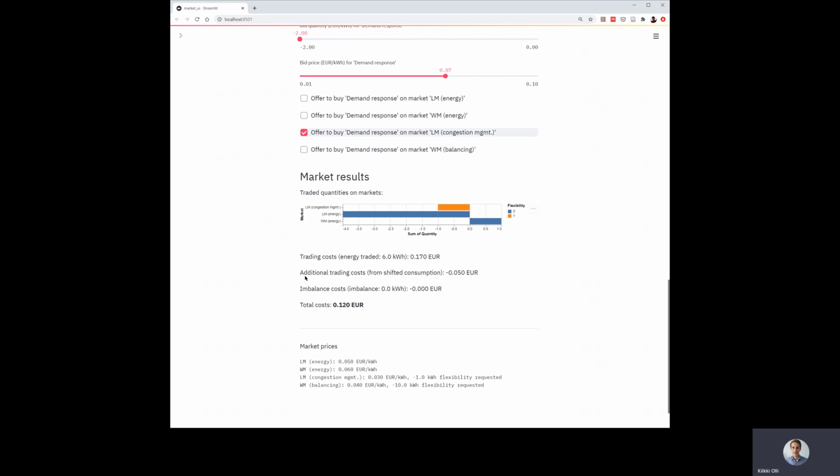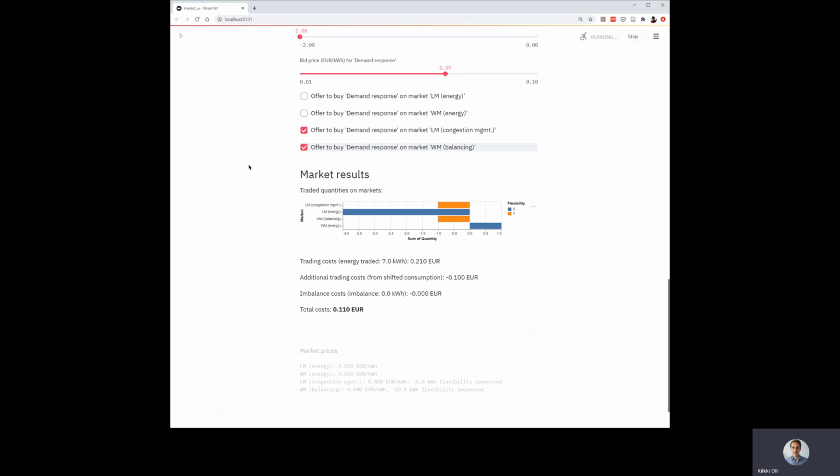And here we have an additional trading cost from potentially shifted consumption. So we don't then need to purchase as much energy for the following hours. So we end up with a lower overall cost. We can then also offer to sell the remaining flexibility on the wholesale level, further reducing the costs.